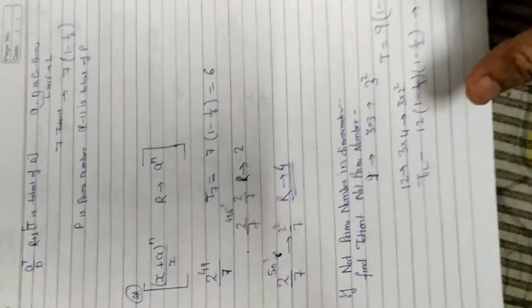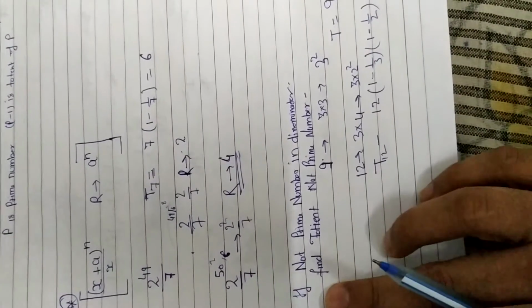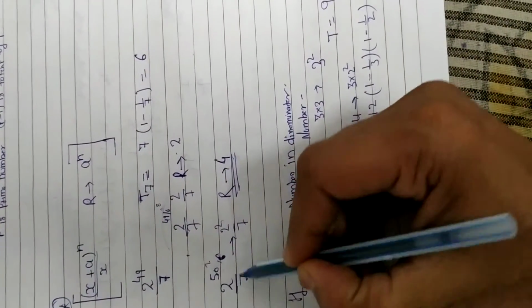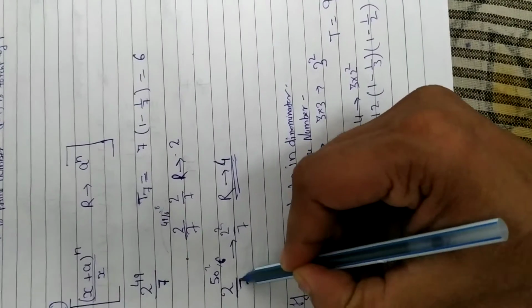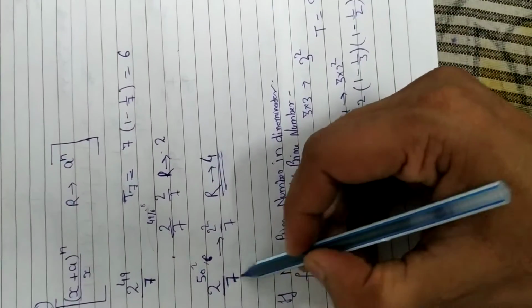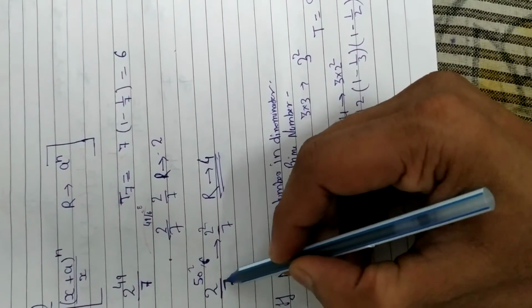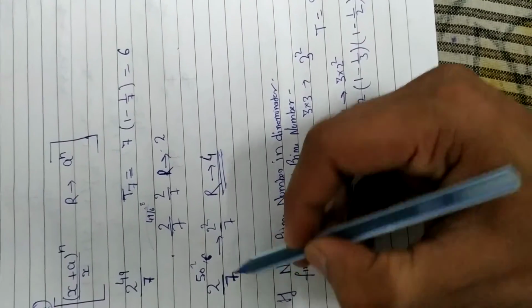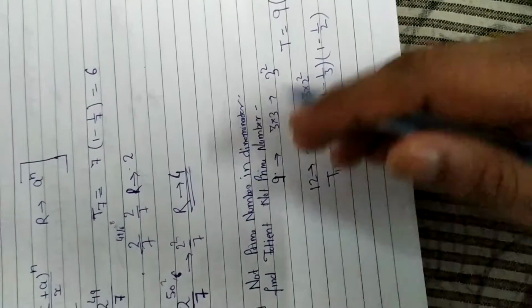So next, now what will be solved? This is a prime number. Now the second rule, if this is not a prime. So how to find the quotient? Very simple.